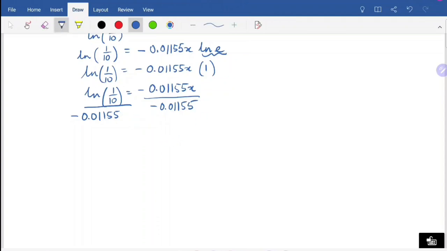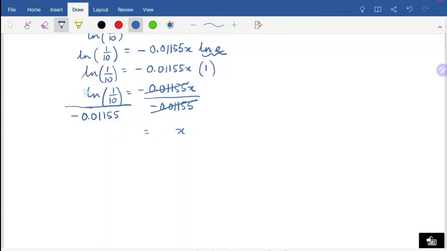So we have this and this divide on the right hand side, and we have x equals. Now you have to use your calculator to evaluate ln of 1/10 divided by negative 0.01155.